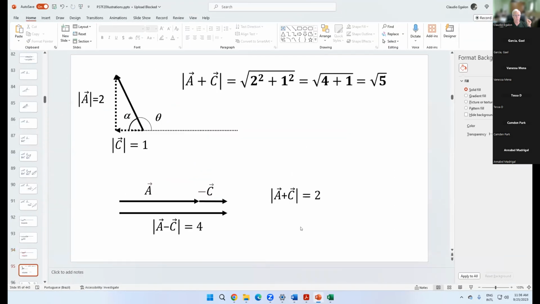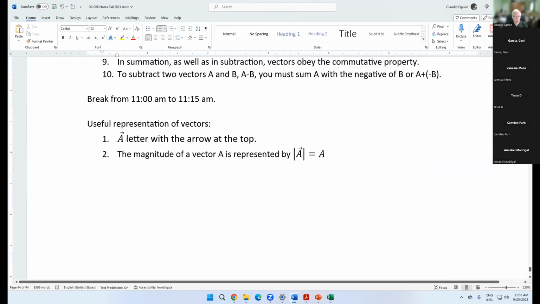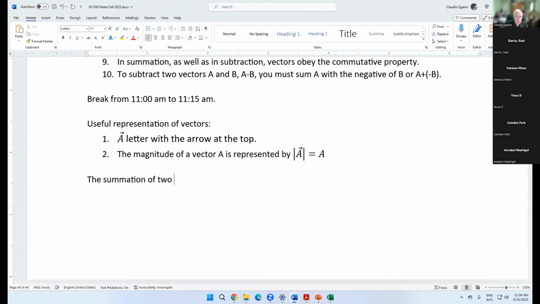One more. Here you go. Let's put the summation. One more important point: the summation of two vectors may have a magnitude that is less than the subtraction of two vectors.